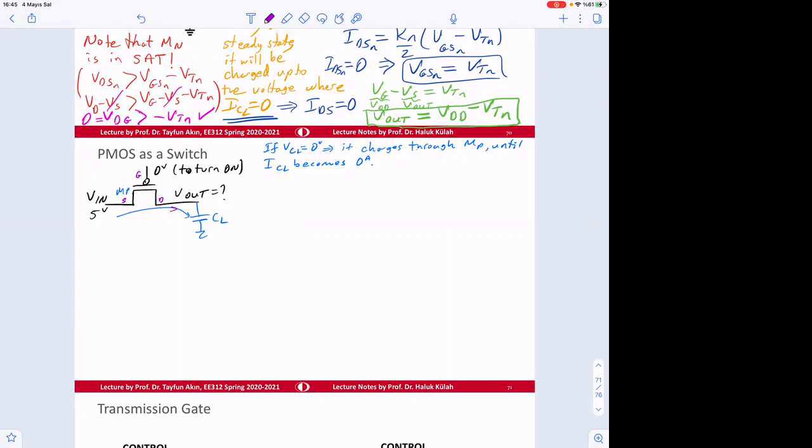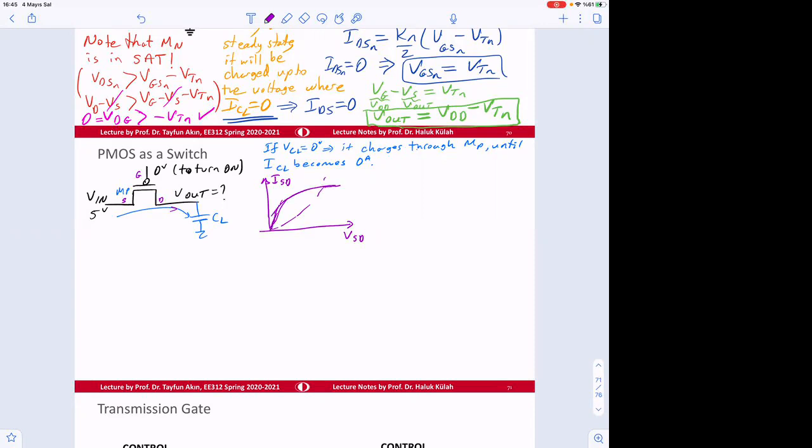So we can look at again the curves here. If we look at I, this is V source to drain, this is I source to drain, and the line again is here.